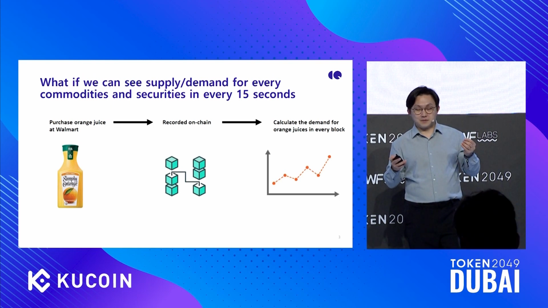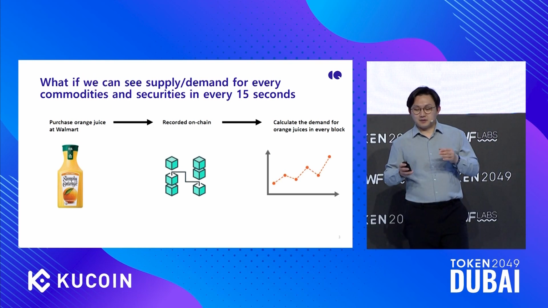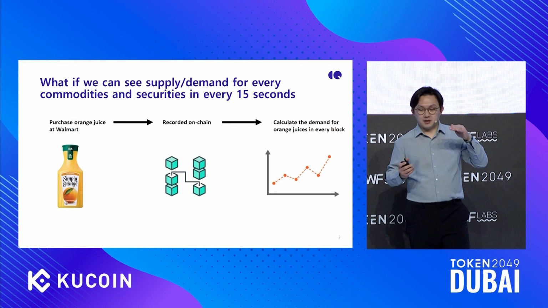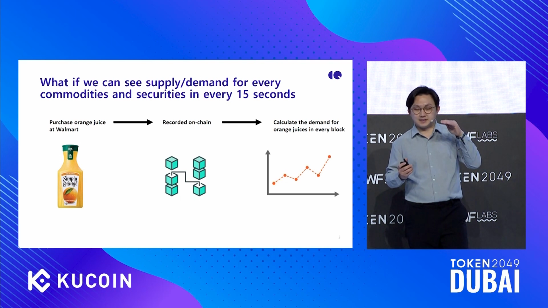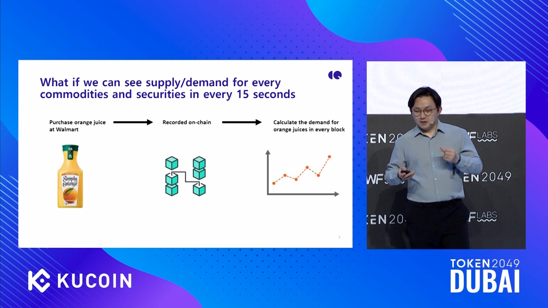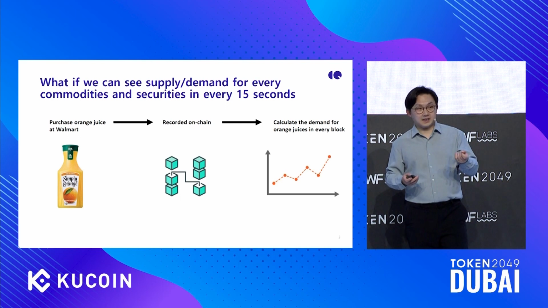For Ethereum, it's 15 seconds. It could change monetary policy around the world a lot if you monitor supply and demand quantitatively every 15 seconds, for example interest rates or consumer indexes.